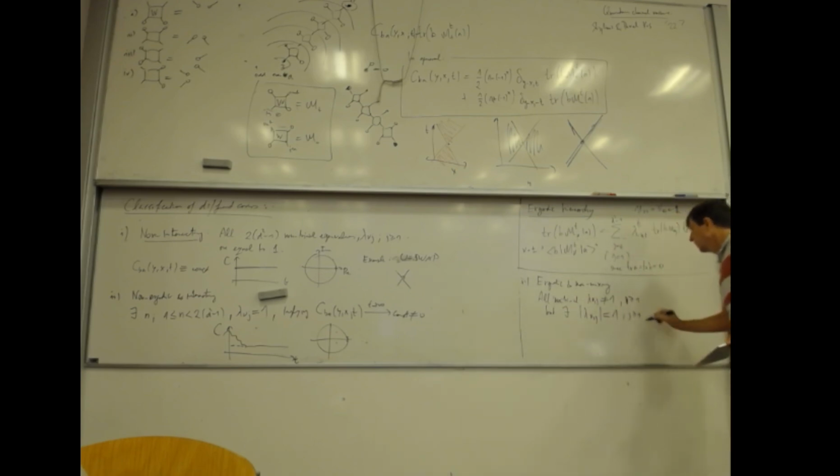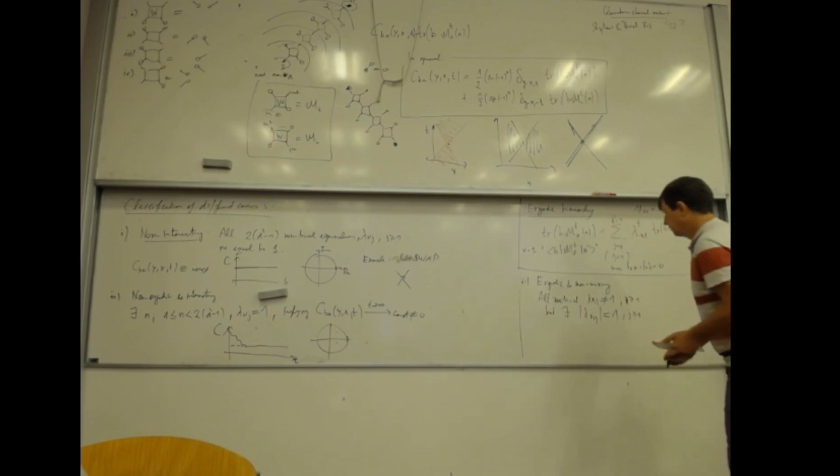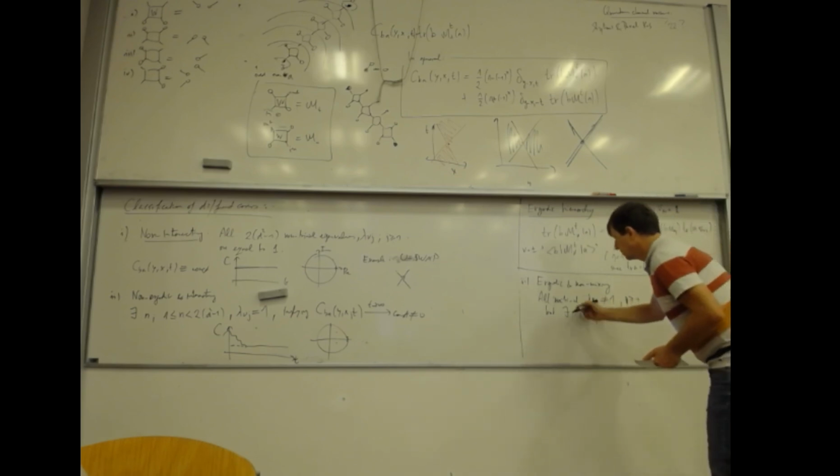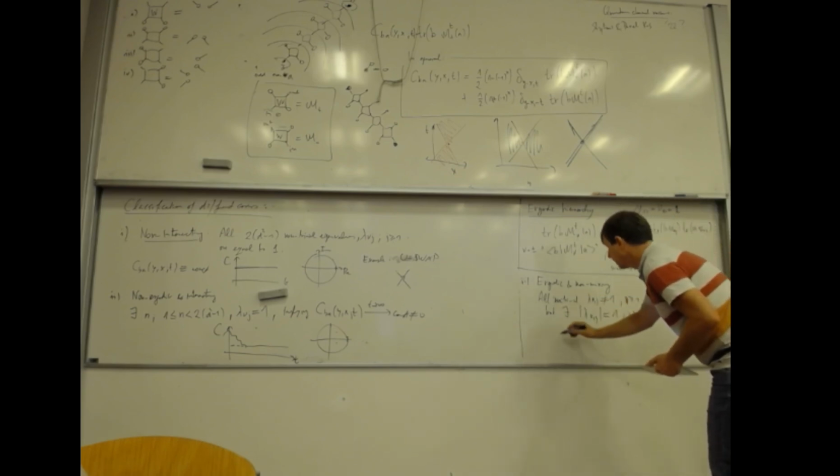Again, j larger than 1, not trivial 1. Okay? Of course, if there is one, there has to be a second one because eigenvalues have to come in pairs. It turns out that a quantum channel has a real characteristic polynomial, which is obviously easy to show. So it's kind of time reversal if you want, in a generalized sense. So the spectrum has to be symmetric across the real axis.